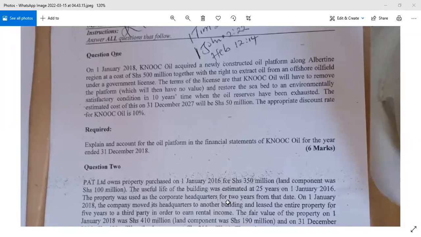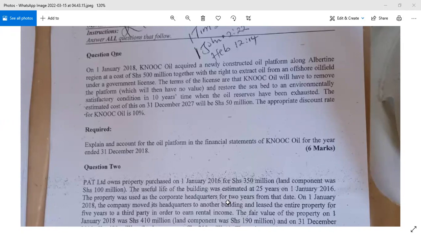Present value by formula, as we did in FM, is given by future value times (1 plus r), where r is the rate, raised to the power negative n. It's a lump sum, so nothing to think about.